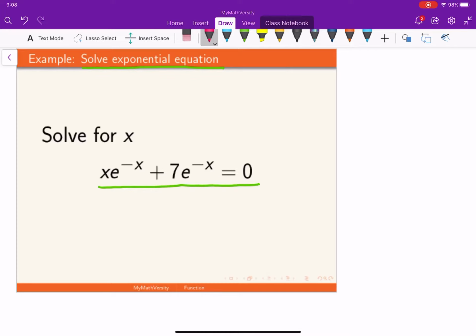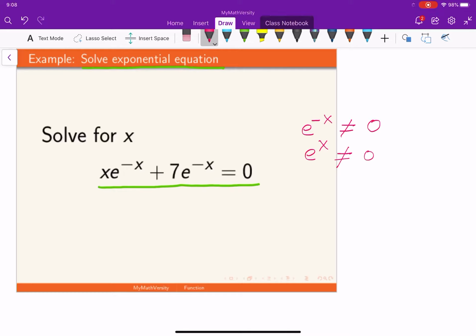If you look here, we have e to the power minus x as a term, and there is a property that e to the power minus x is never equal to 0. For any real number, e to the power minus x is never equal to 0. At the same time, e to the power x is also never equal to 0 for all x.